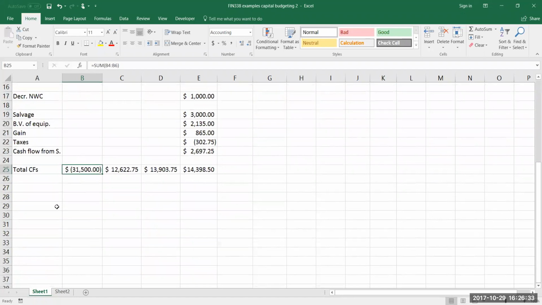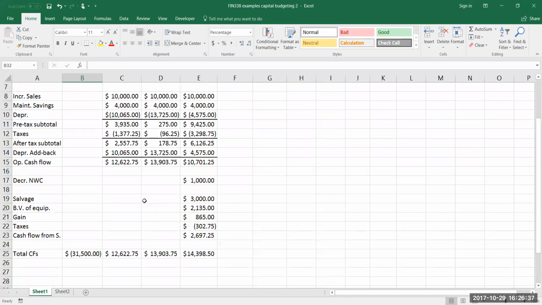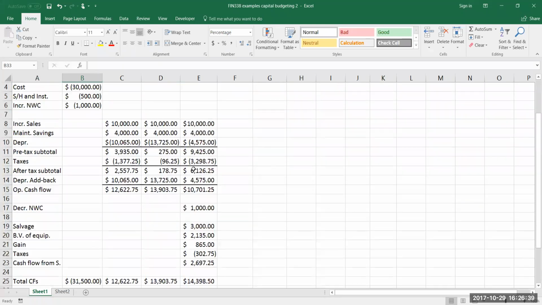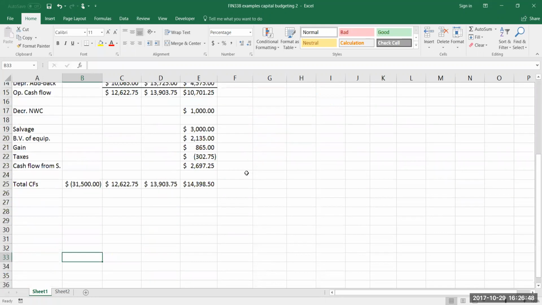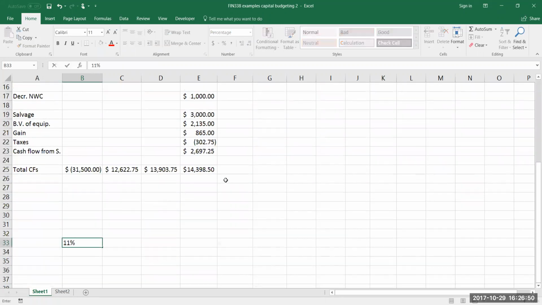So let's go ahead and calculate a few things here. We're dealing first with the net present value, and the cost of capital is 11%. So if our risk-adjusted cost of capital is 11%, we're going to look at net present value and IRR and MIRR.